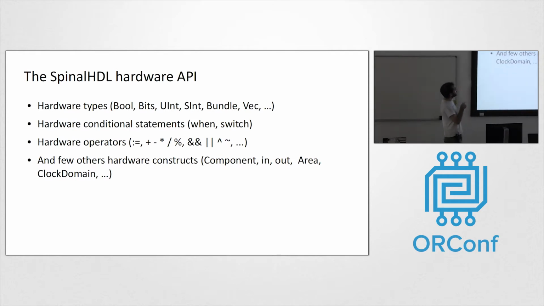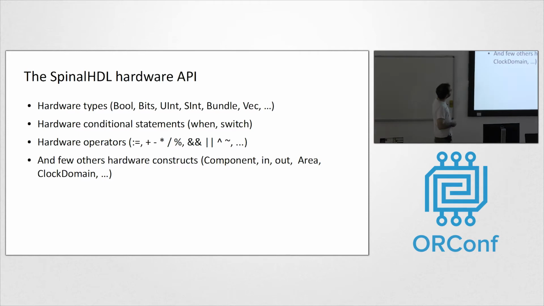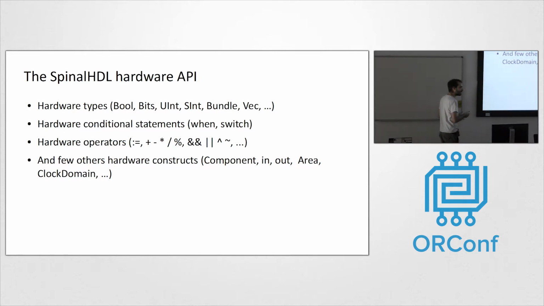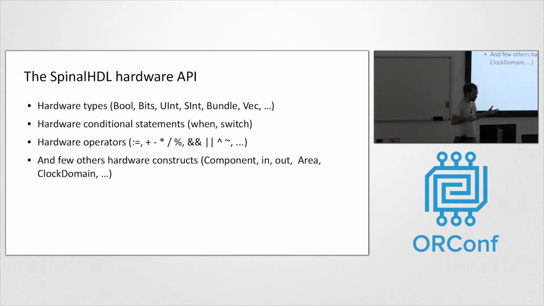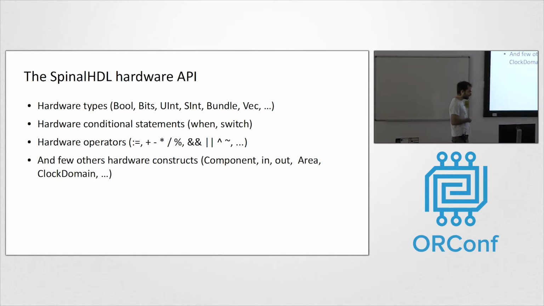Just about the SpinalHDL hardware API, which is really close to the Chisel one. If you want to infer hardware, you can do it through some hardware types, which are Bool, Bits, UInt, SInt, Bundle, and Vec. All the Scala types like Int, Float, and this kind of thing, you can use as an elaboration tool to calculate some constants, to elaborate your design how you want, to do for loops and things like this. But if you want to infer hardware into the netlist, you really have to use those hardware data types.